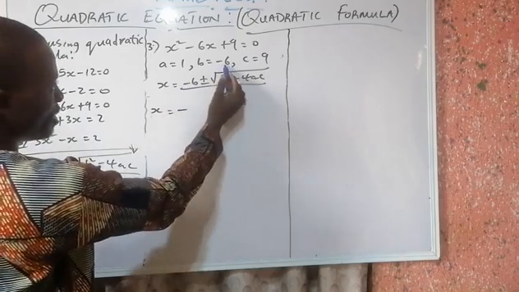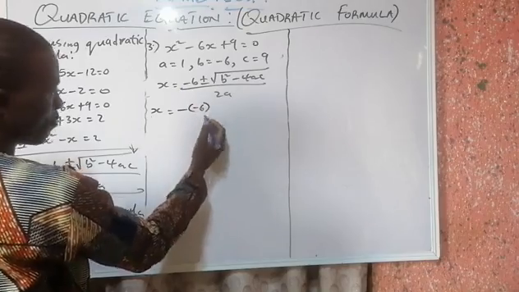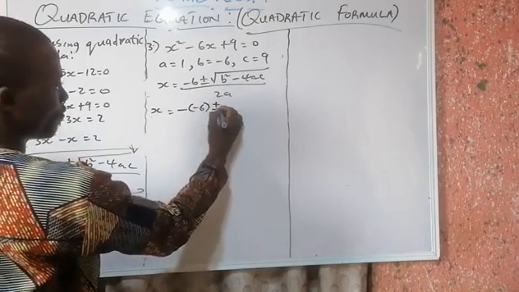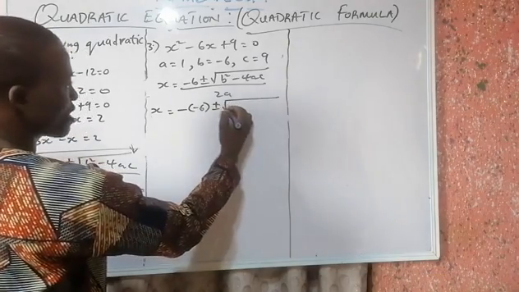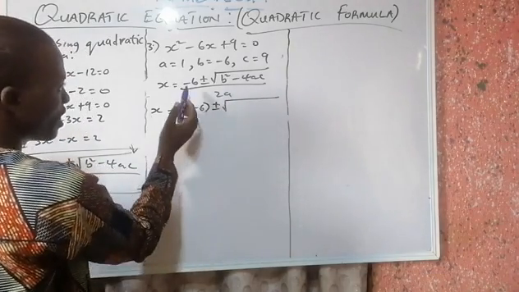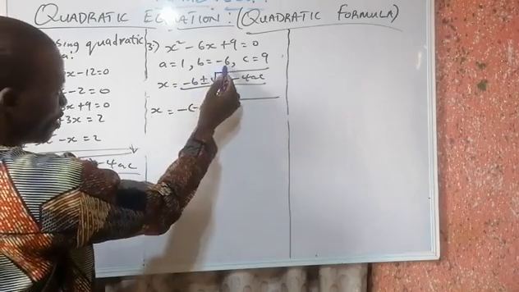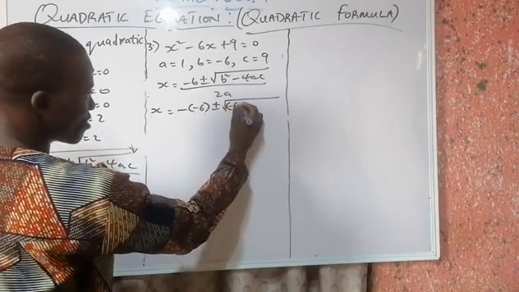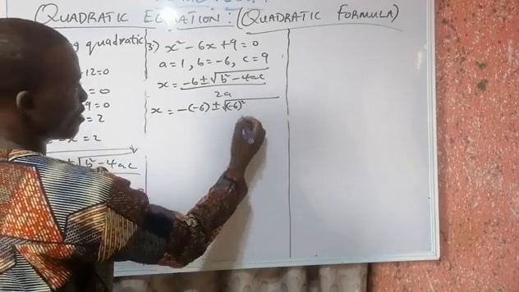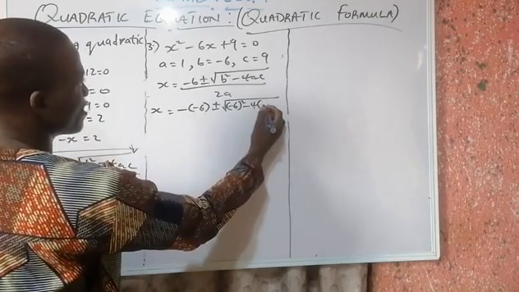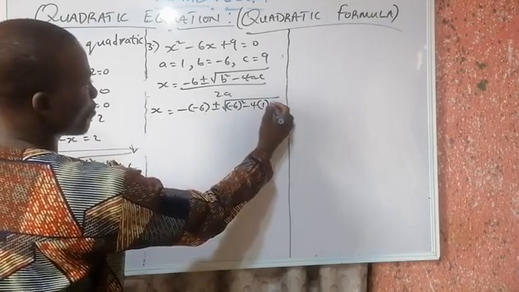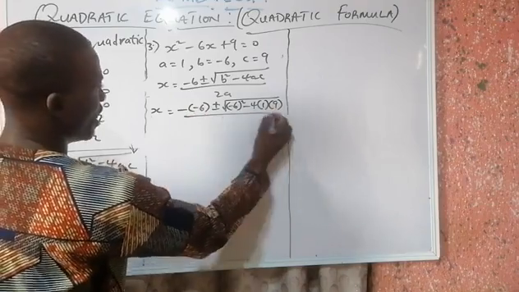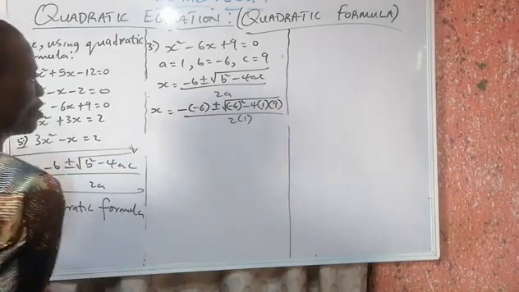What is your B? Your B is minus 6, so you state it minus 6. Don't forget to do that, okay? That's a common error that many people normally make. There is minus here, so you have minus 6, so this is how it's going to be stated. And then you have minus 6, write your minus 6 squared like this, minus 4 bracket, your A is 1, your C is 9, then 2 bracket your A, which is 1.